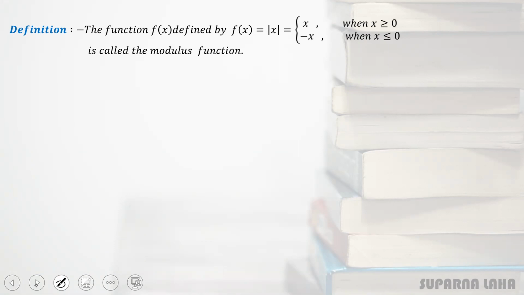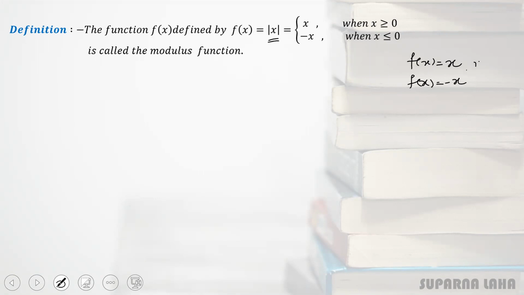So for the modulus function, either f of x is equal to x or f of x is equal to minus x. We can divide this mod function into 2 parts, or you can divide it into 3 parts. For x equal to 0, f of 0 is 0. But here I am dividing into 2 parts, which is easier.